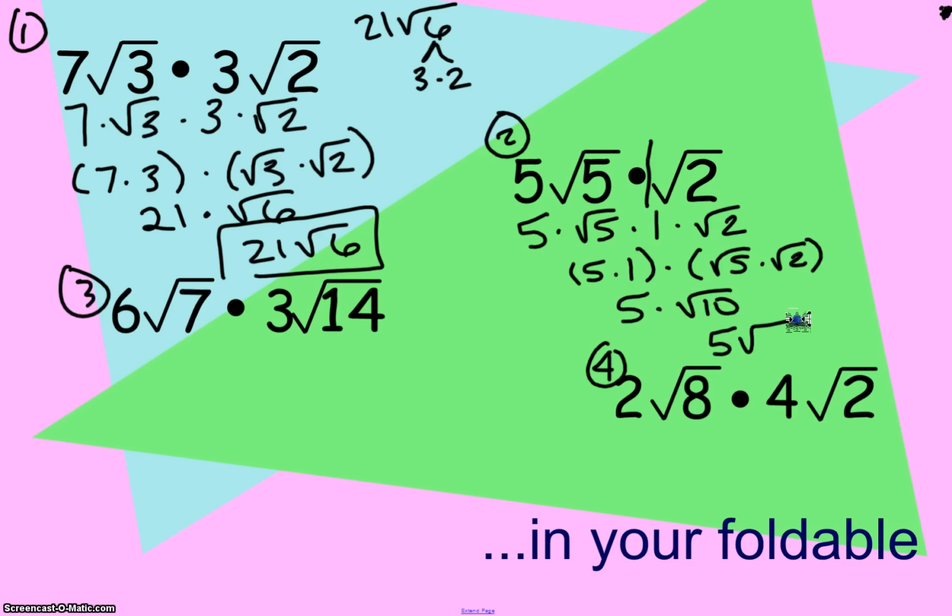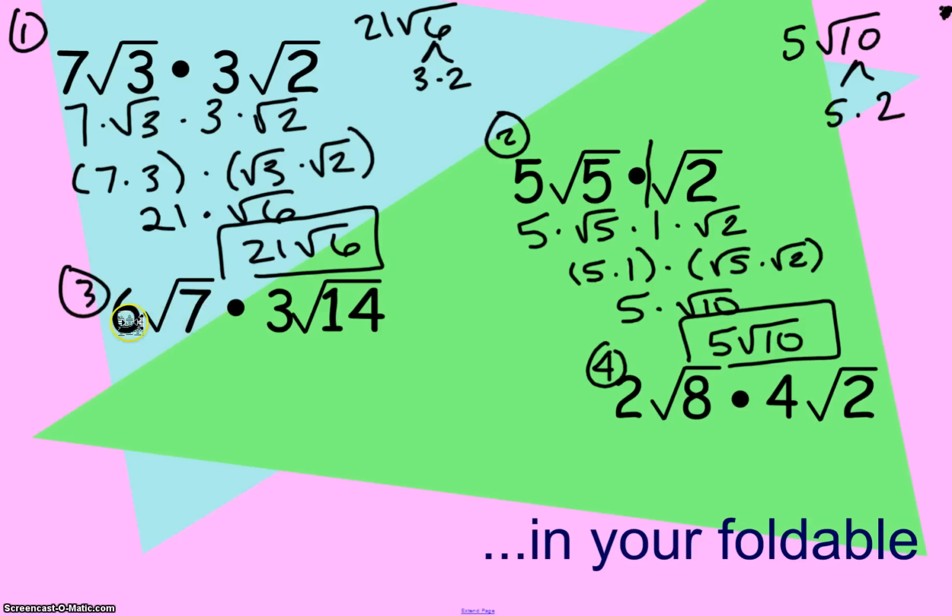So we believe our answer is 5 square root of 10, but we need to check to see if it can be simplified further. And that's 5 times 2. So there's nothing we can take out, so this is our answer.